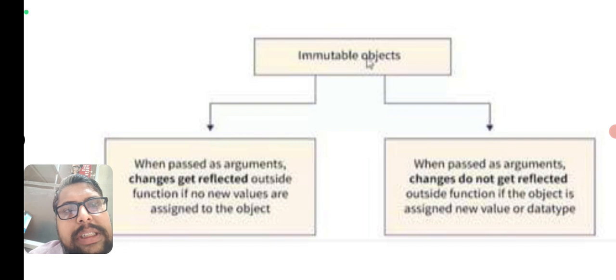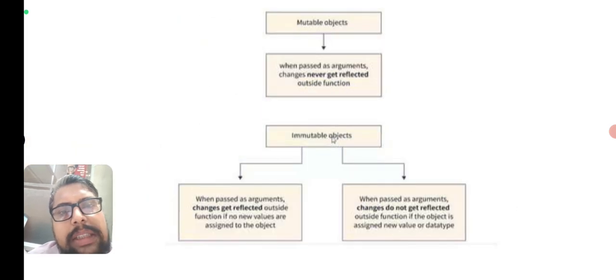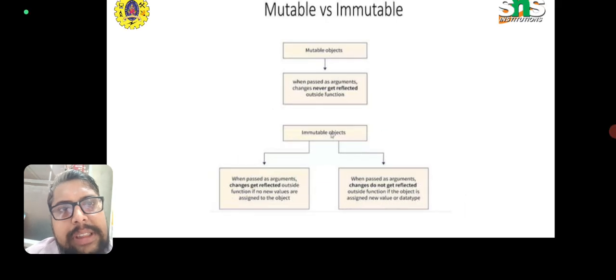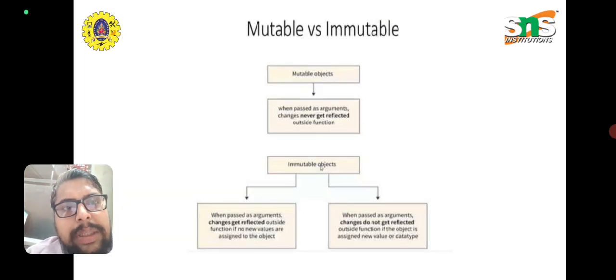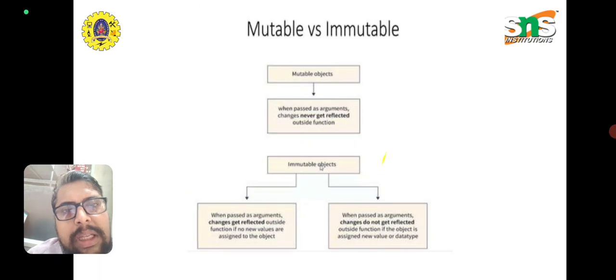When we pass the argument, changes get reflected outside the function. Mutable objects get changed, whereas immutable objects do not get any changes. Pass by reference goes for mutable objects, and pass by value goes for immutable objects.